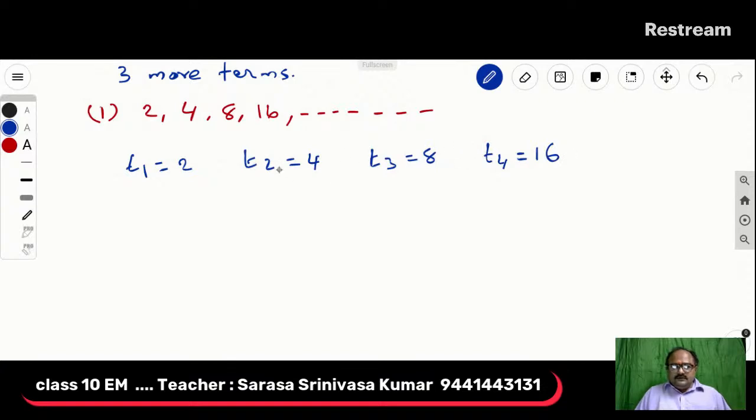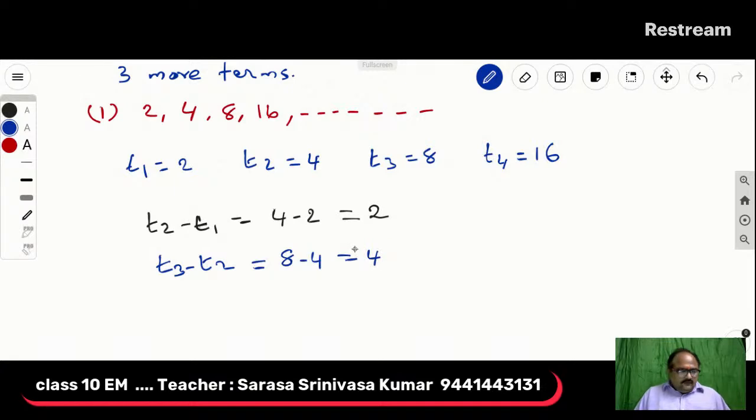We find now T2 minus T1. This is equal to 4 minus 2, which is 2. Next, we write T3 minus T2. Here we are getting 8 minus 4 equal to 4.